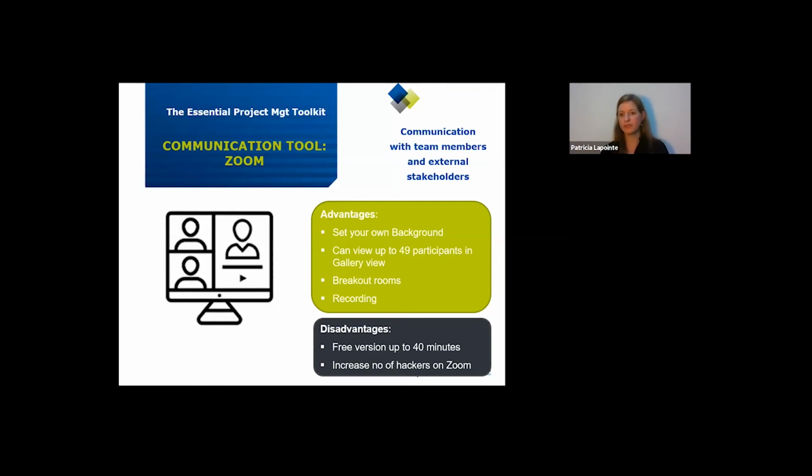So the government of Singapore has banned using Zoom. In Malaysia, where I'm located now as well, all government agencies decided not to use Zoom for those reasons. So you have to keep those in mind when you choose your video conferencing tool.